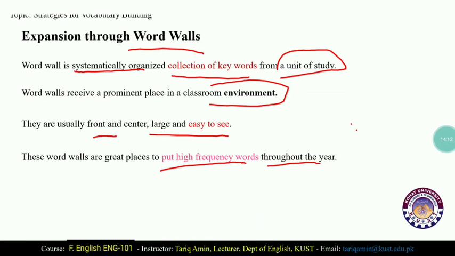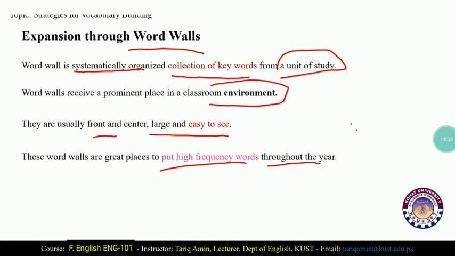Let me give you another example. For example, your unit of study is psycholinguistics. This is your unit of study. Now, you think of different keywords, different important words, different high frequency words, different momentous words that are related to your unit of study, psycholinguistics.